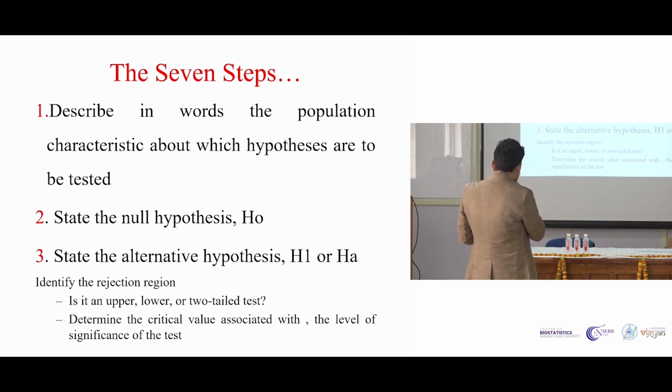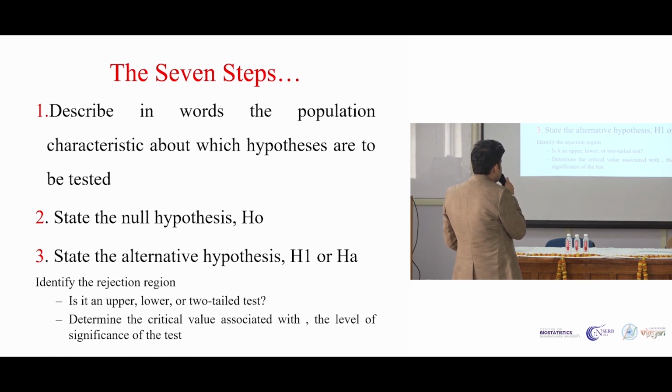Third step is to state the alternative hypothesis, that is HA or H1, and identify whether you are framing it as one-tailed or two-tailed.